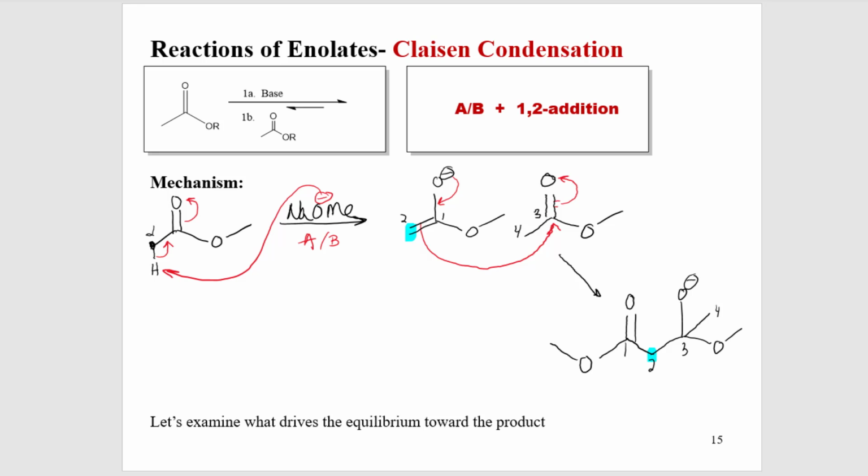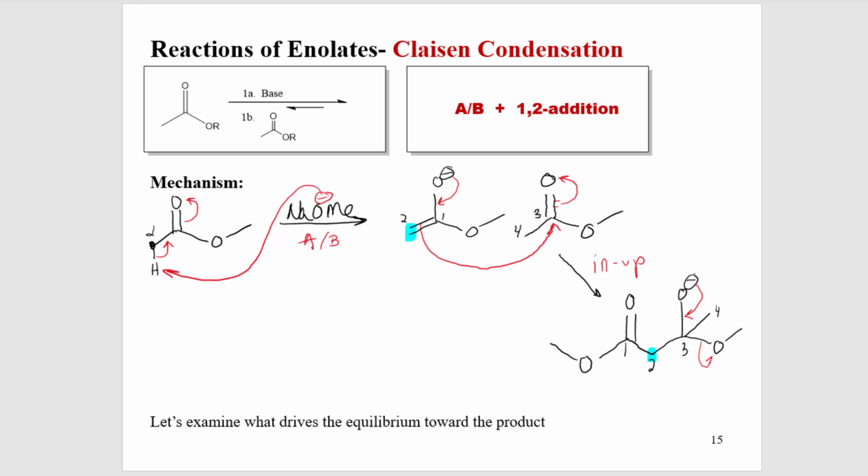So we did our in-up reaction. But now, because we attacked an ester and not a ketone or an aldehyde, we have to consider the down-out. And in this case, because off of carbon 3 there is a group that is not a carbon or a hydrogen, we can do down and out.